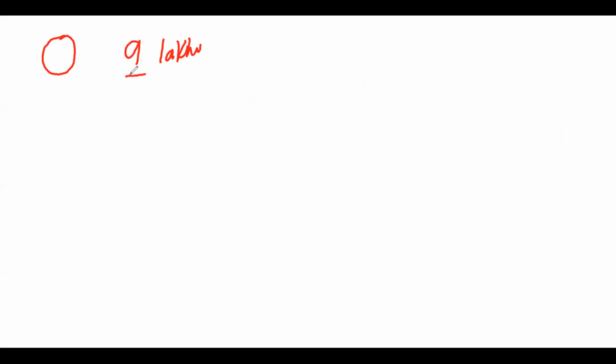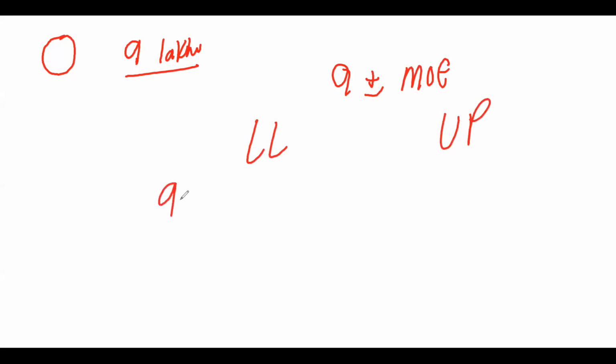I want to know what the salary of the population should be. So the population salary lies between 9 plus or minus the margin of error. In this way we have a lower limit and an upper limit: 9 minus margin of error is the lower limit, and 9 plus margin of error is the upper limit.